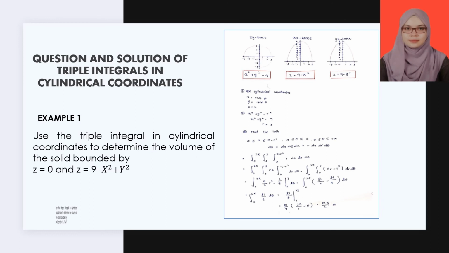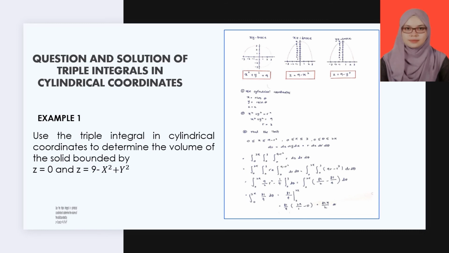Then we get the integral from 0 to 2 pi of 9 over 2 r squared minus 1 over 4 r to the power of 4, from 0 to 3, d theta, equal to the integral from 0 to 2 pi of 81 over 2 minus 81 over 4 d theta, equal to the integral from 0 to 2 pi of 81 over 4 d theta, equal to 81 over 4 times theta from 0 to 2 pi.